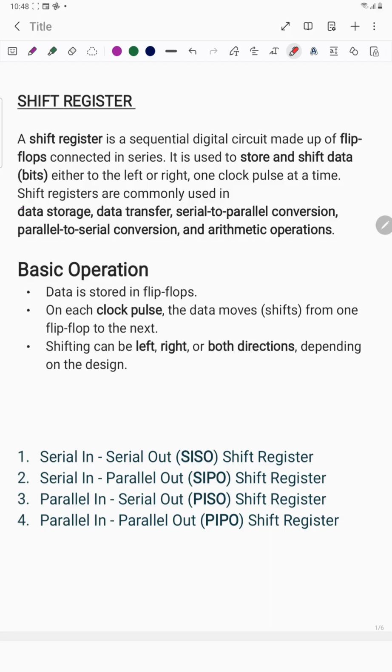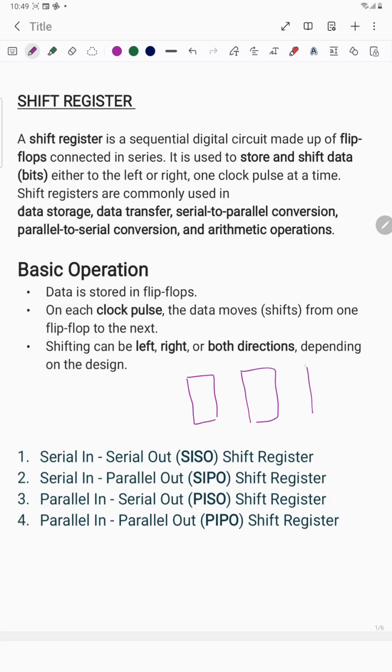For the basic operations, a shift register is used for data storage, and data are stored in the flip-flops. On each clock pulse the data moves or shifts from one flip-flop to the next. Shift registers are made up of flip-flops.